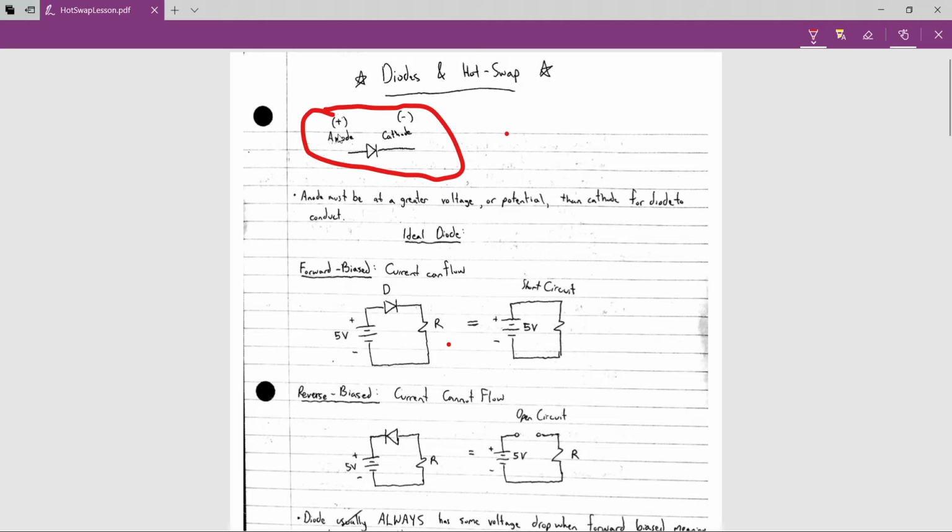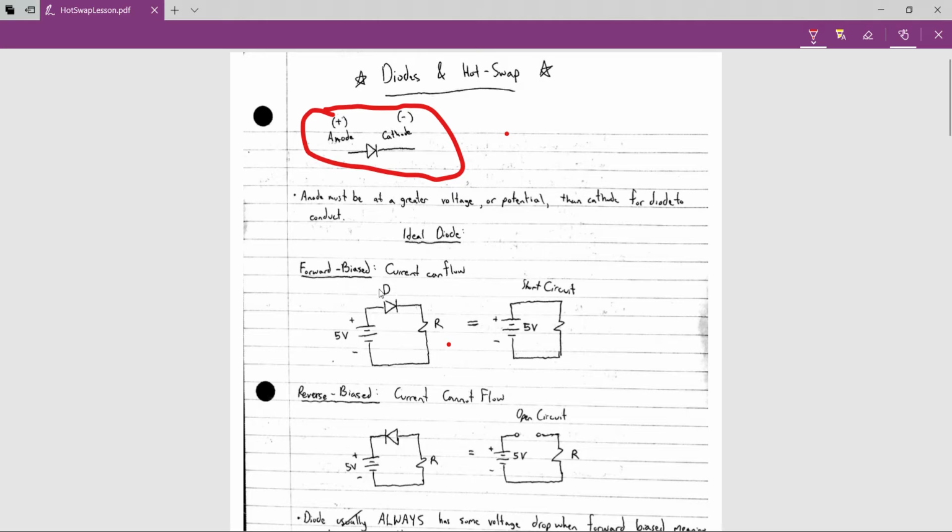So it can flow from the anode to the cathode, but not the other way around. And so down here I have: anode must be at a greater voltage or potential than cathode for the diode to conduct. When the diode is in this state, where you have a higher voltage on this left side than on this right side, that's called forward biased. So when the diode is forward biased, that means current can flow.